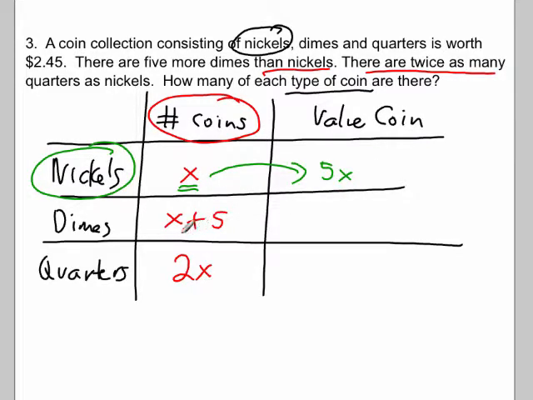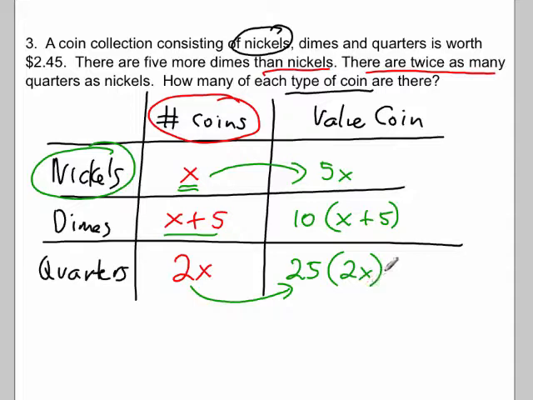So for dimes, they're 10 cents each, so it's x plus 5 times 10. And for quarters, it's 25 cents per quarter times the number of quarters, which is 2x, which is 50x. Okay? So I'm now getting into a much more complicated defining a variable step.